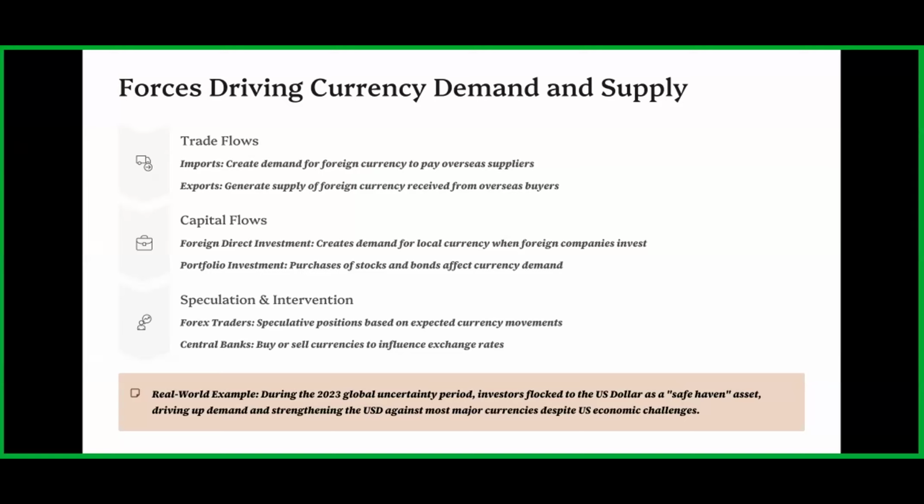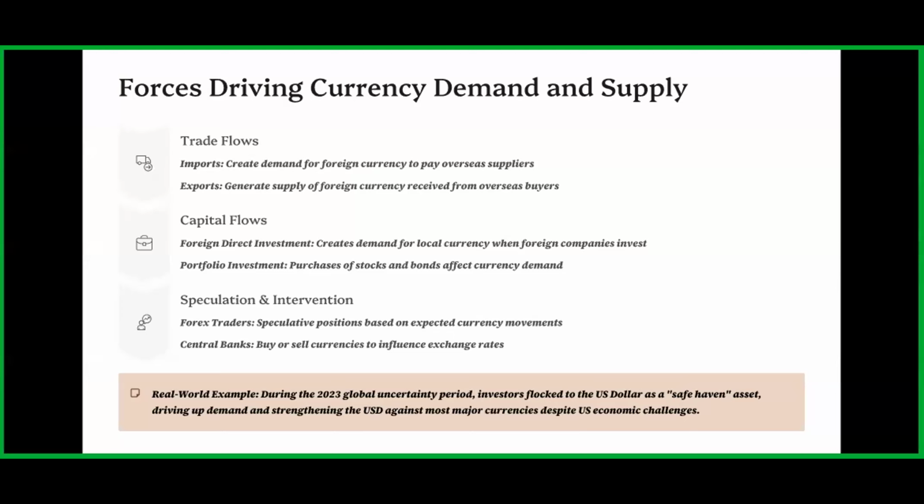So what does a speculator do? The speculator buys the currency in one market at a low rate, and then sells that same currency in another market at a high rate. The price difference between the two markets is the profit margin of the speculator.